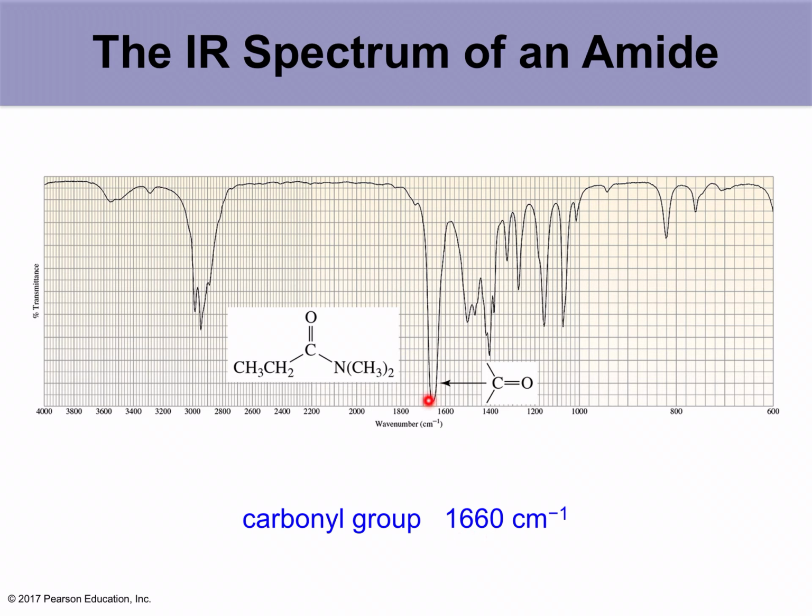That's because nitrogen, by donating electrons, makes a resonance stabilized structure where the carbonyl group is now in between a single and a double bond. Okay, so it has a lower frequency because now the bond is weaker and it needs less energy, so it has a lower frequency and wave number.